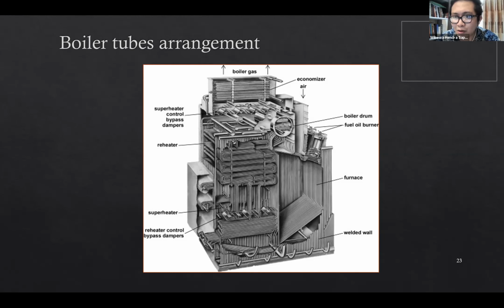Based on Pak Wawan's explanations, which type of boiler needs the lowest particle size for the combustion process? Anyone have an idea? The mean particle size of the solid fuel, especially. Is it the 200 mesh? No, I mean, which type of boiler can use the lowest size of particle?